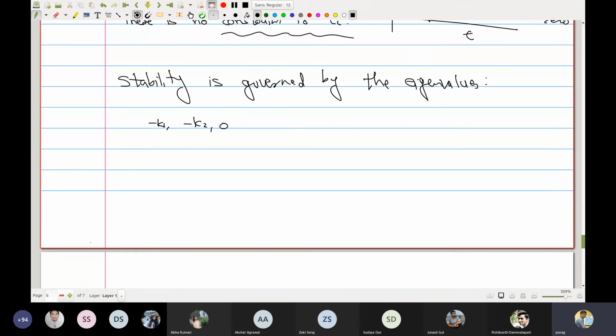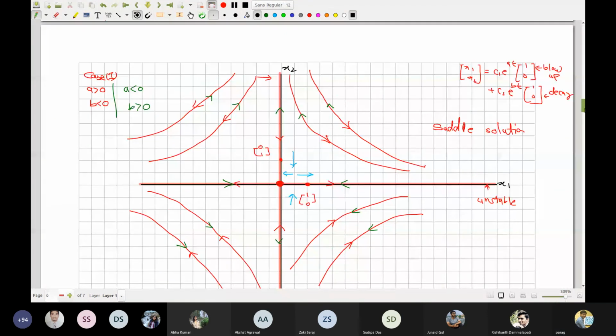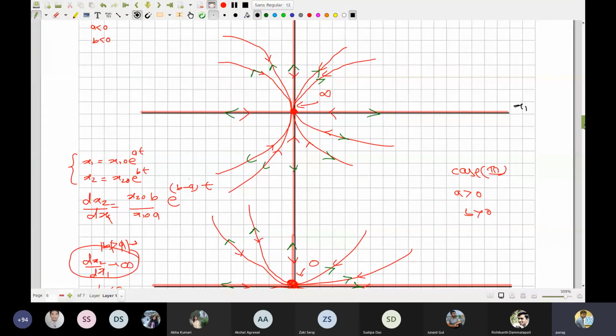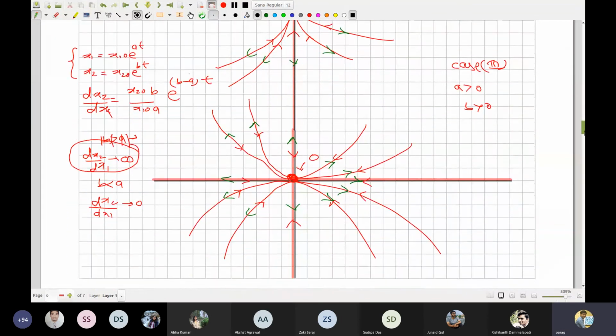You see, whenever eigenvalues were negative, the system was stable. When the eigenvalue was positive, the system was unstable.